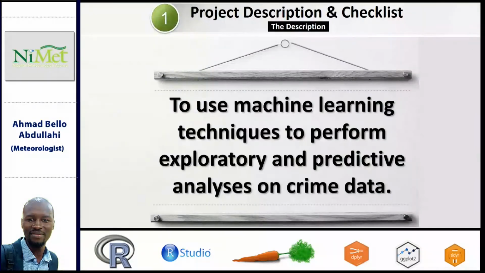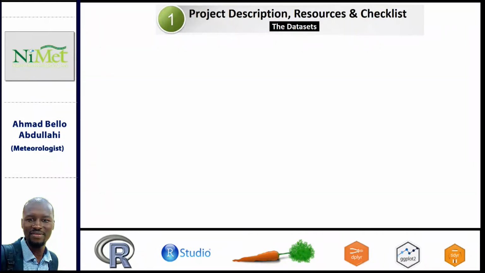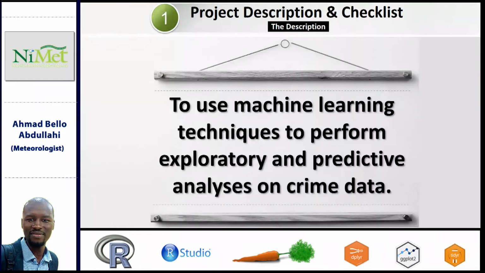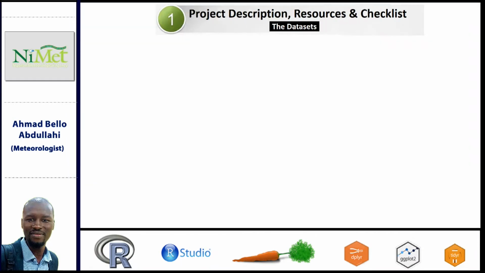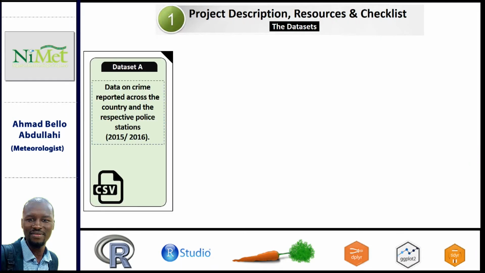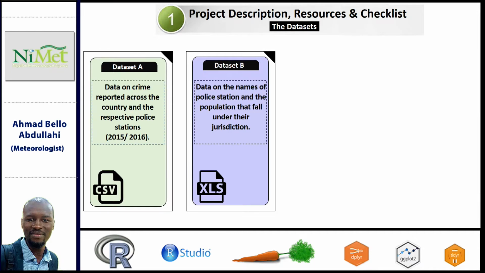We are going to use machine learning techniques to perform exploratory and predictive analysis on crime data. Dataset A contains data on reported crime and respective police station across South Africa for the year 2015 and 2016.